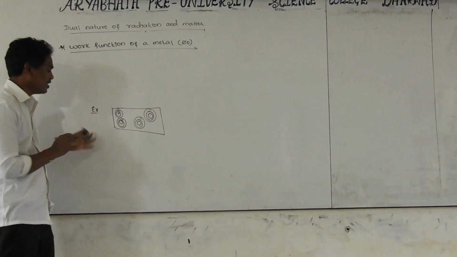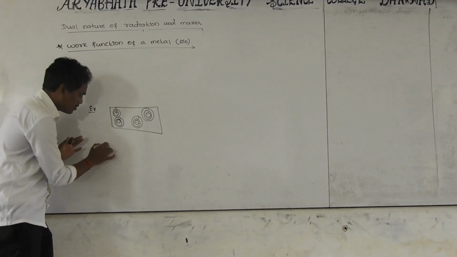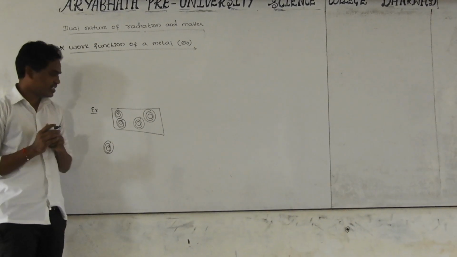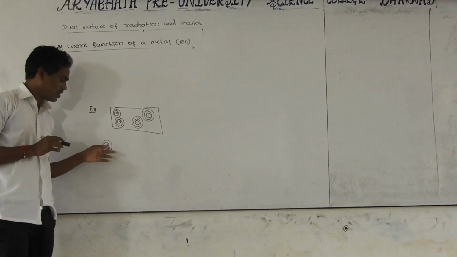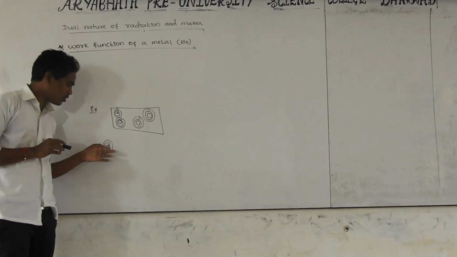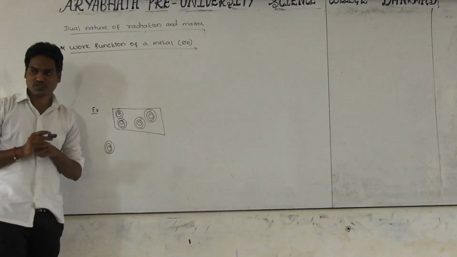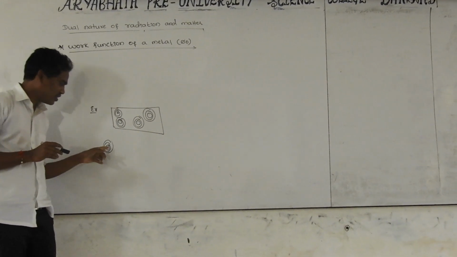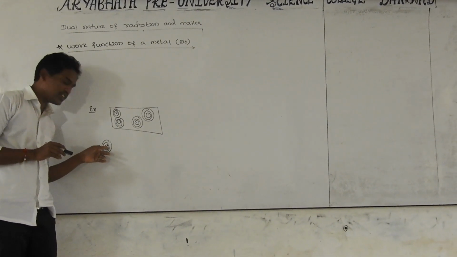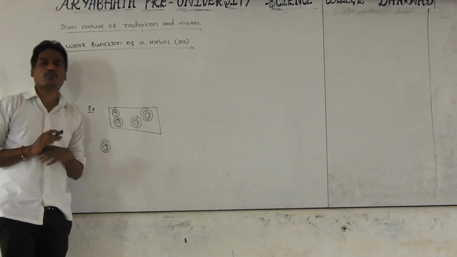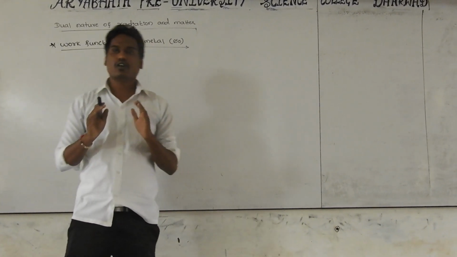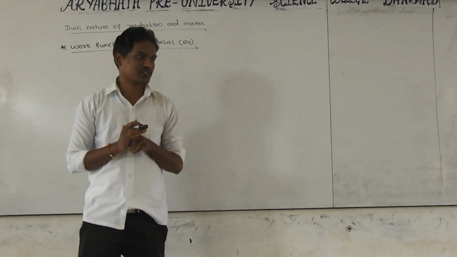You know very well, each and every atom is neutral. What is the reason? The number of positive charges at the center is equal to the number of negative charges. The positive charges are the protons present in the nucleus, which is exactly equal to the number of electrons revolving around the nucleus in their orbits.